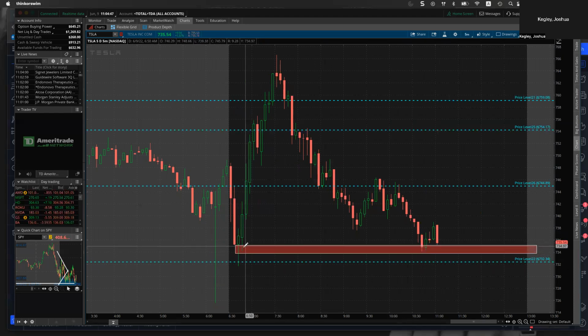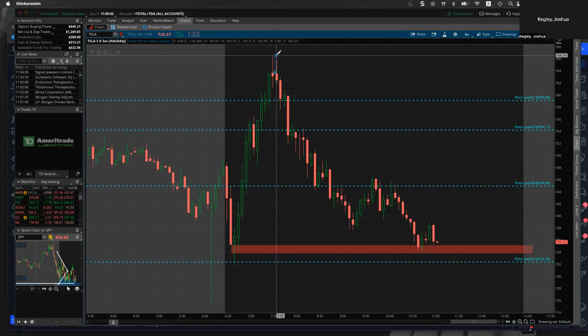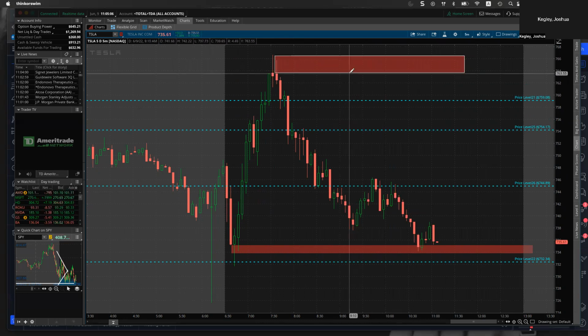But you measure the open to the end of the wick. So up here, big move down. You measure the close to the top of the wick. There's your supply demand zone.